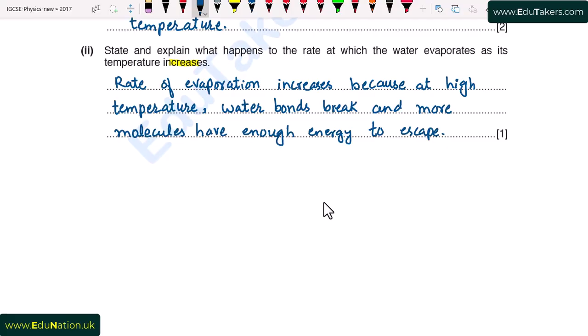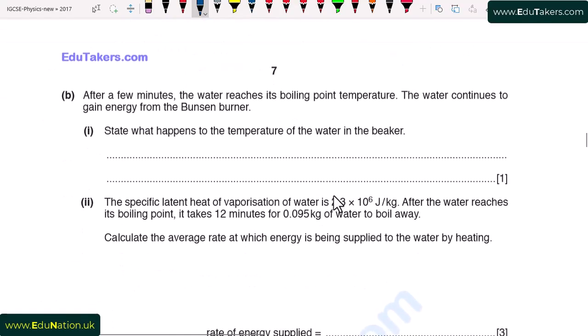So when more molecules have enough energy to escape from the surface, the rate of evaporation increases. Going towards the next part, part B.